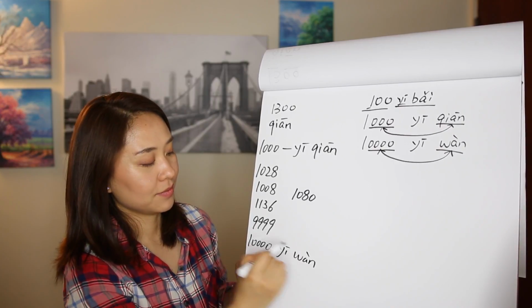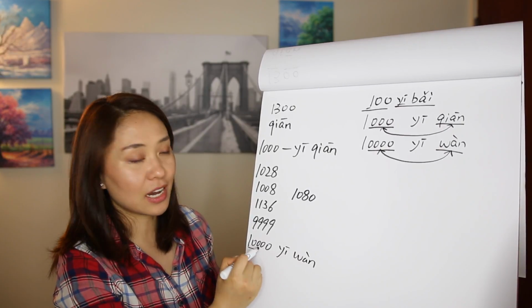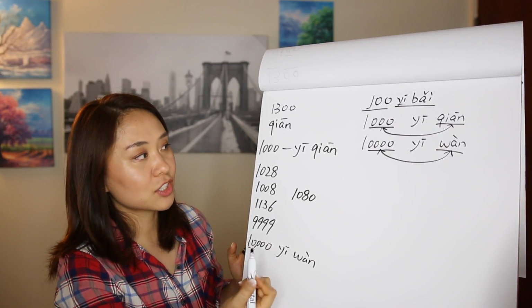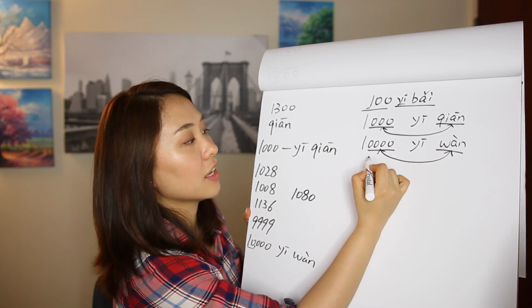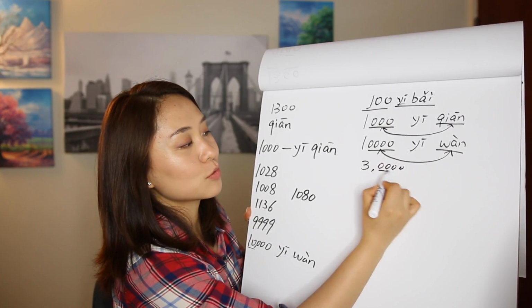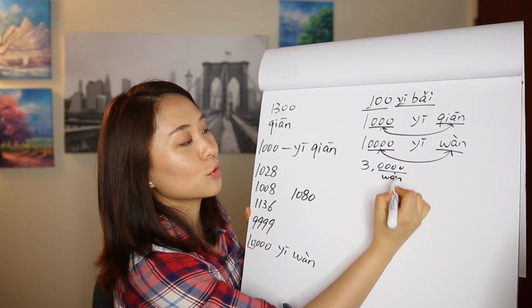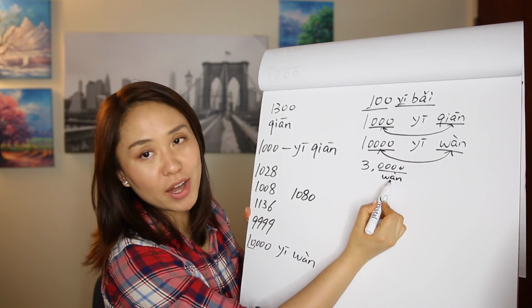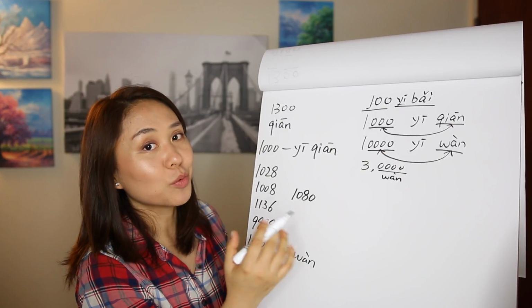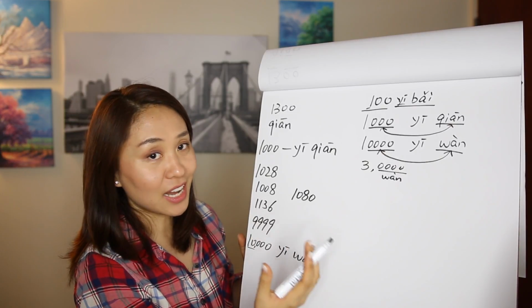We don't say 10,000. I know in English you put a comma in here, but in China, usually you will see we put a comma like that, because this is one word, this is 万. So we can just say 3万, like that. After 万, then we can go more than 9.